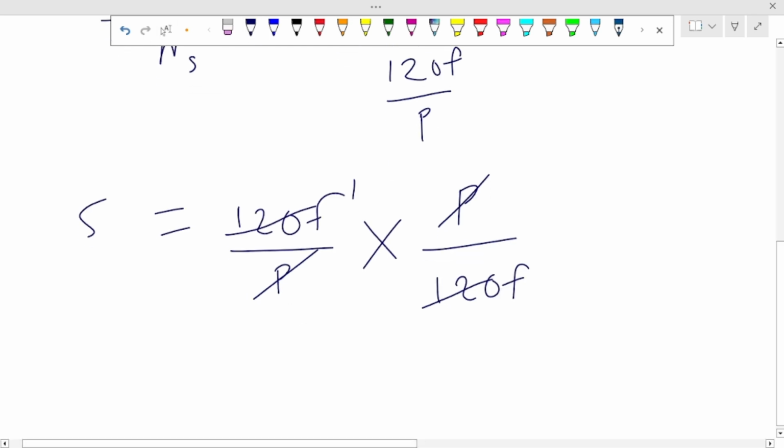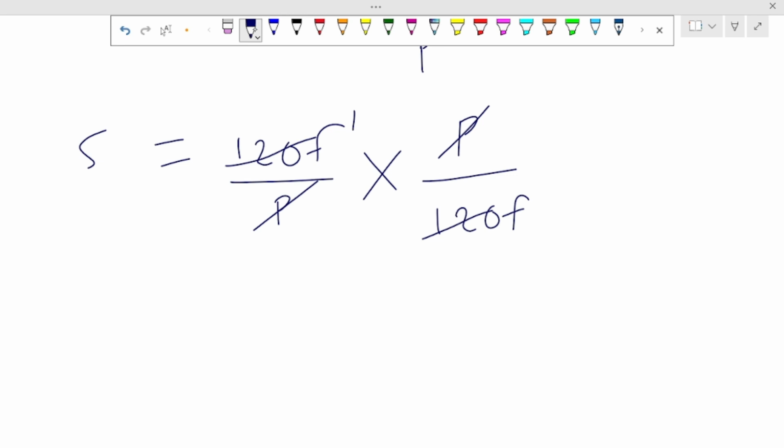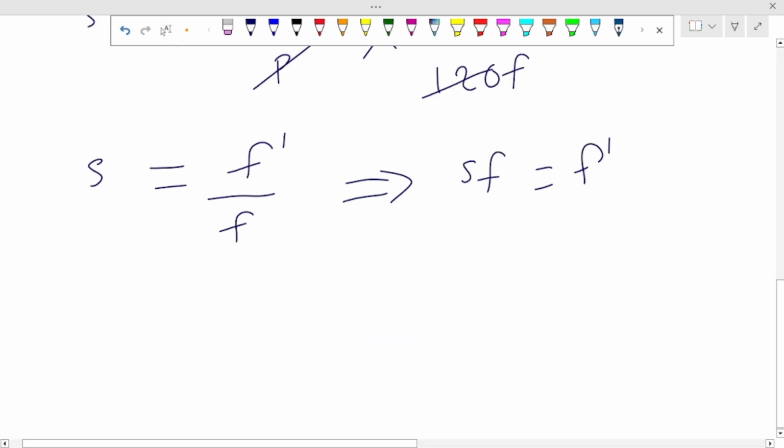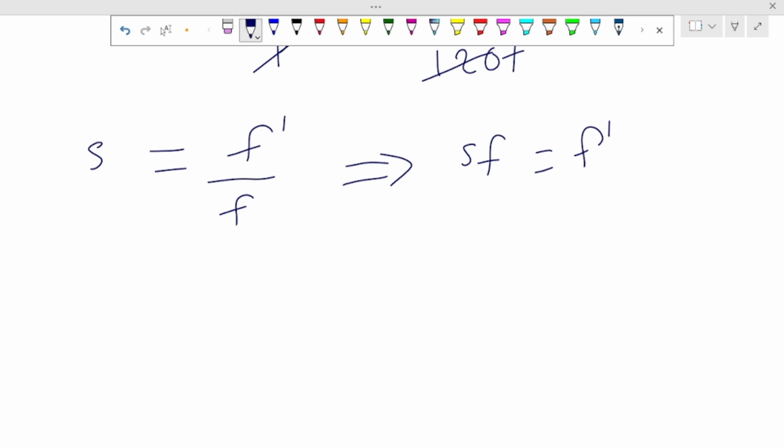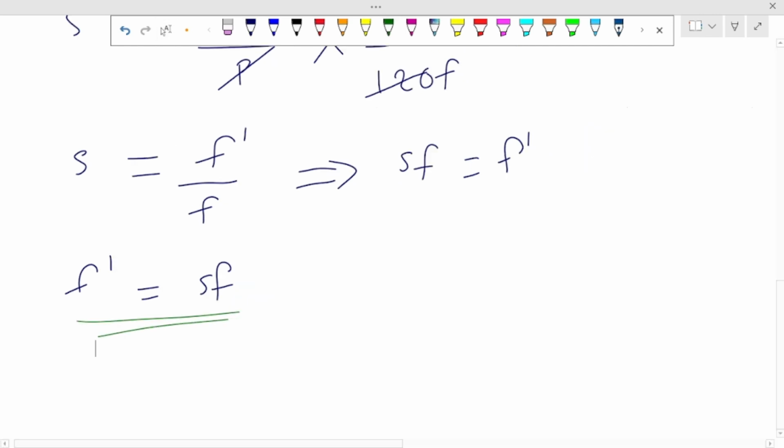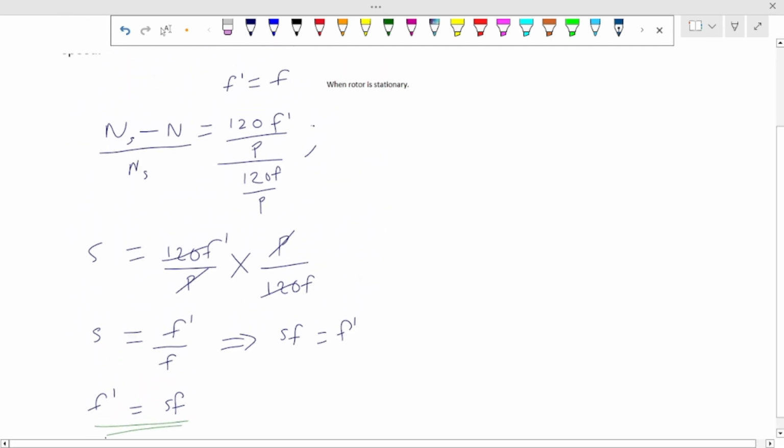So what we're going to have left there is S equals F prime all over F, and this implies that SF equals F prime, which means F prime equals SF.